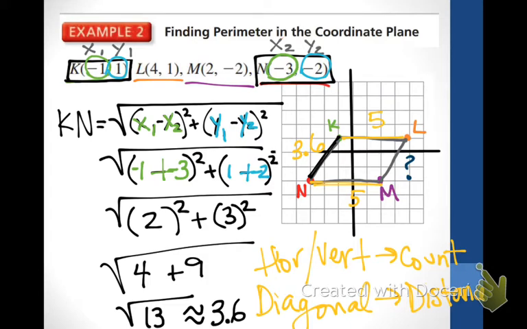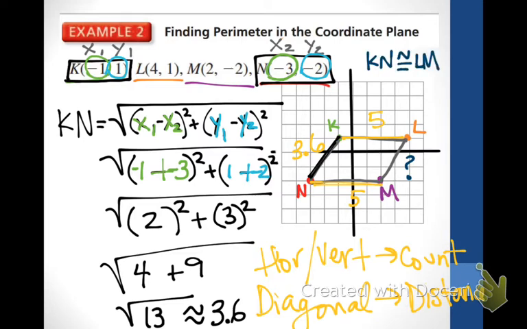Okay. So this is a parallelogram. I know it's a parallelogram because it's got two pairs of parallel sides, which would be KL and NM. They're parallel, which means KN is going to be congruent to LM.